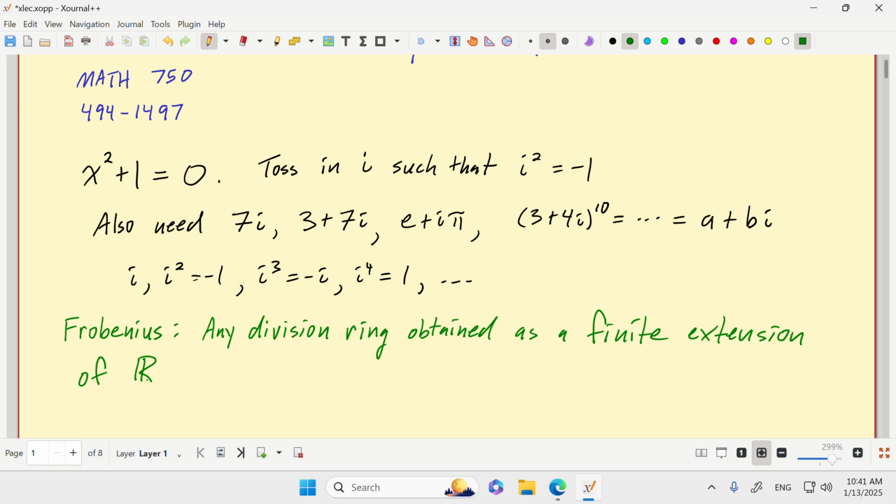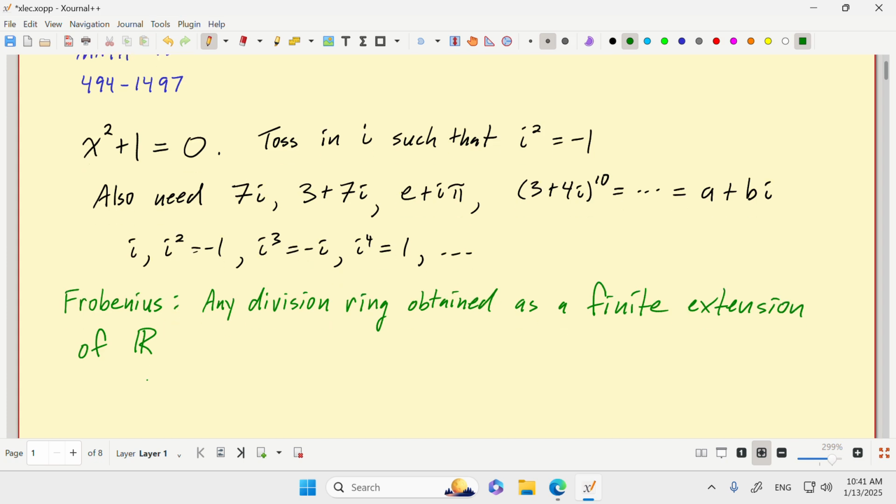That's a pretty simple finite extension of R. Well, I could have added more than just i. I could have added other roots of polynomial equations. And I could add finitely many and play the same game.